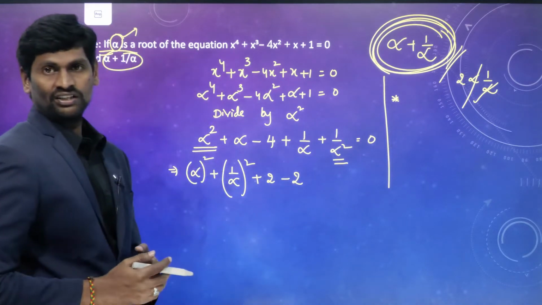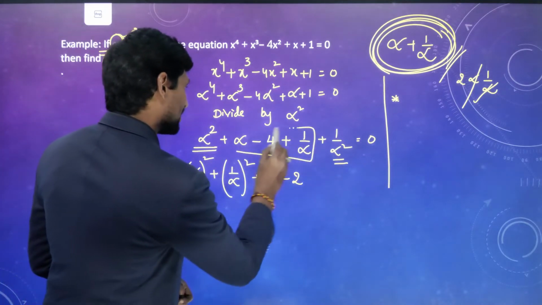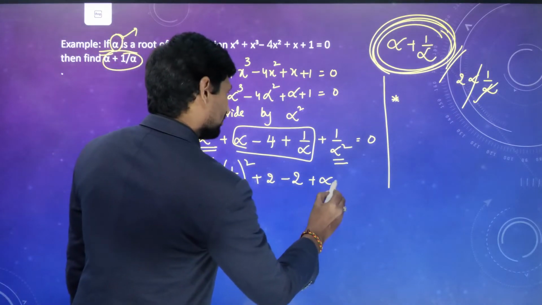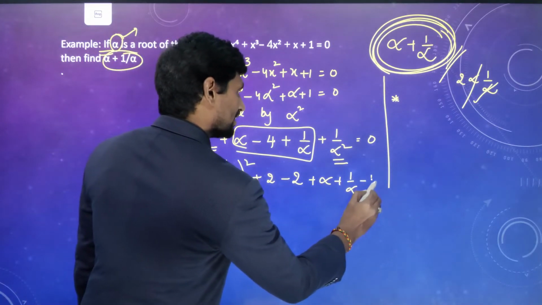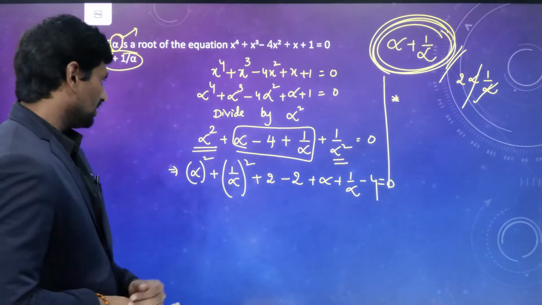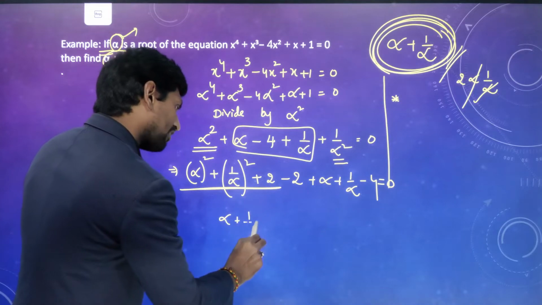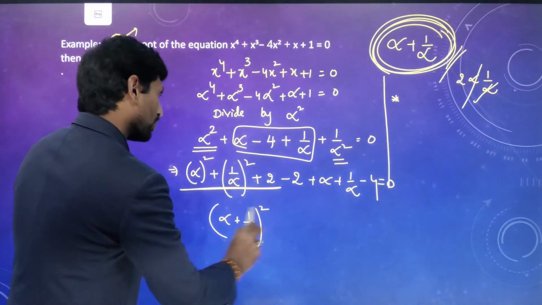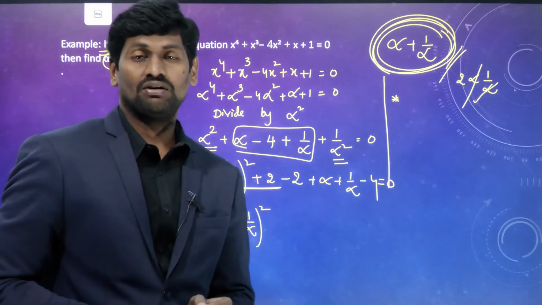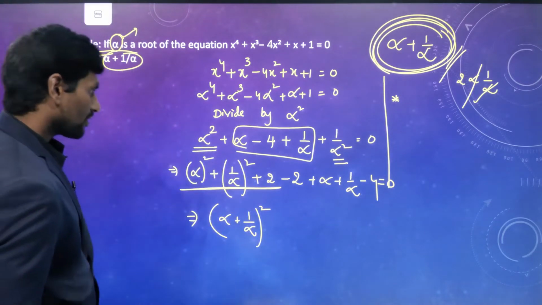Here only, subtracting the number 2. Next remaining, these 3 terms remain. So these 3 terms I am writing in an order, that is alpha plus 1 by alpha minus 4. Now from these first 3 terms I can write in the form of alpha plus 1 by alpha whole square, nothing but the form of a plus b whole square formula, one of the algebraic identities.